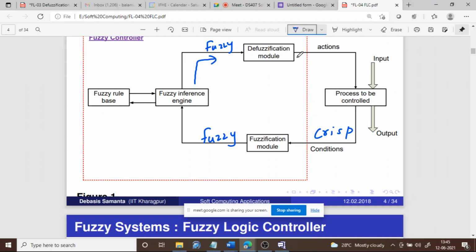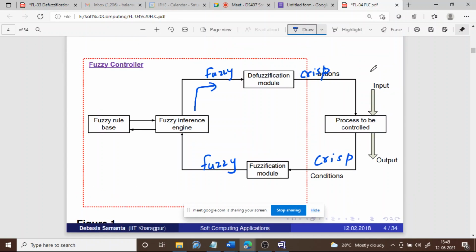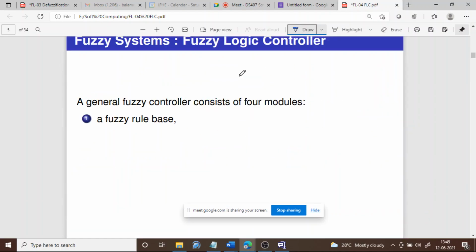But in most cases we may need a crisp output, because sometimes we may want to control a machine or something like that. So in that case, it is passed through a defuzzification module, which converts the fuzzy output again to a crisp output, and this output is sent to the environment, right? So this is the basic block diagram of a fuzzy controller.